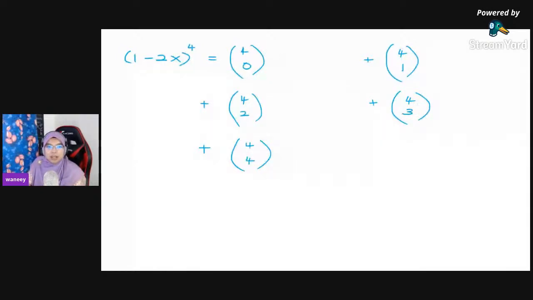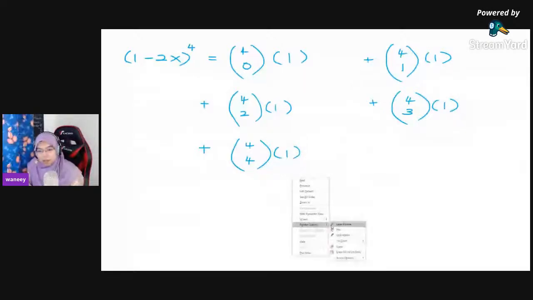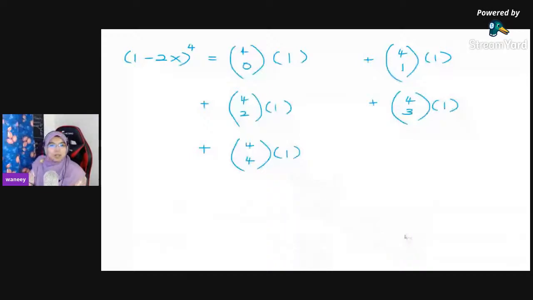Okay, the second one, we have to write down the a. So a is 1, 1, 1, 1, and 1. So now let us write down the power. Okay, so the power for a should be decreasing. So I will start with the highest power, which is 4, and then decrease to 3, 2, 1, 0. So that is for the power of a.